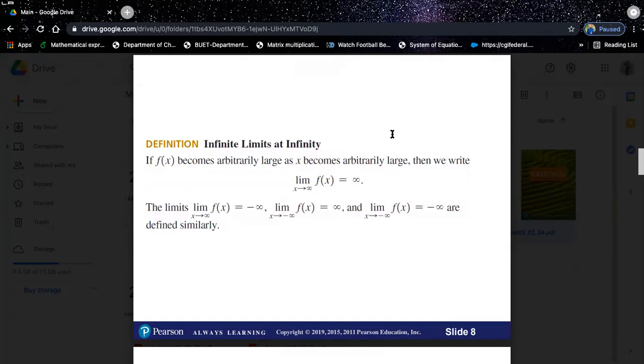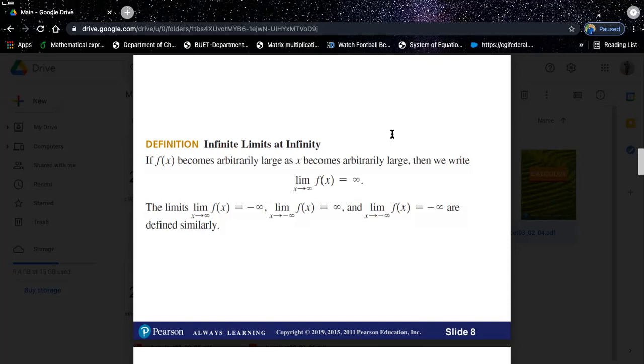Yeah, good point. But now we are actually working with the graphs only. That's why we're trying to visualize things, and then we'll solve some more complicated problems algebraically, because graphing all the functions is not easy. So we are observing some easier functions. Then we'll solve some more complicated ones algebraically.